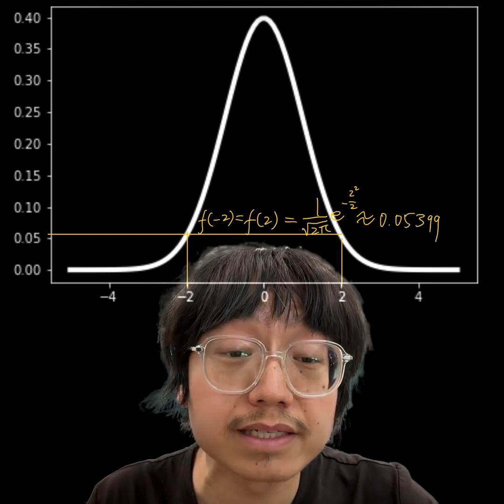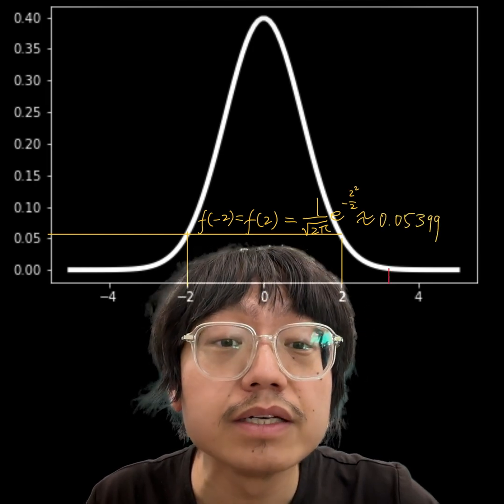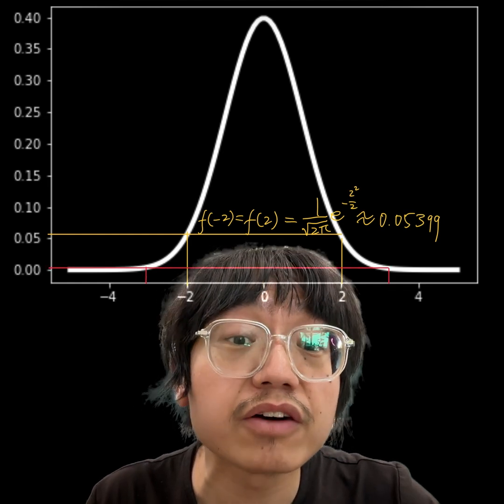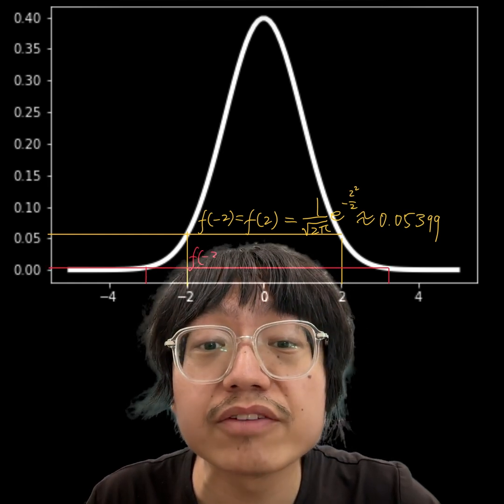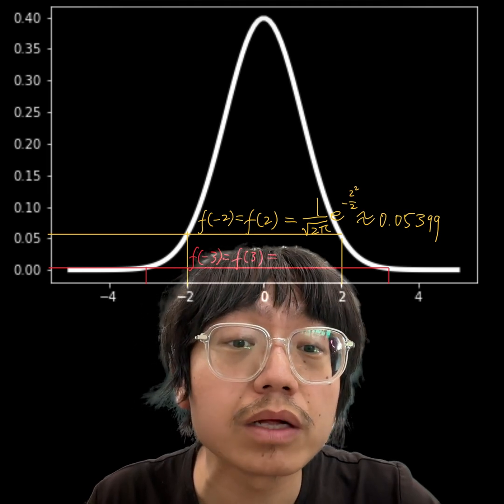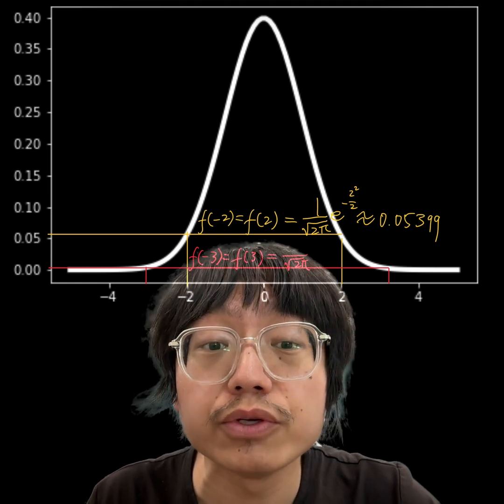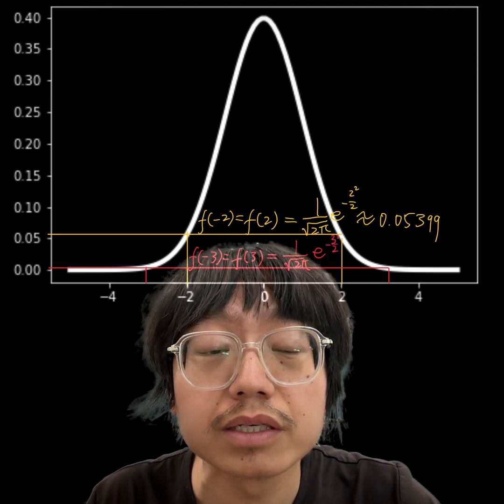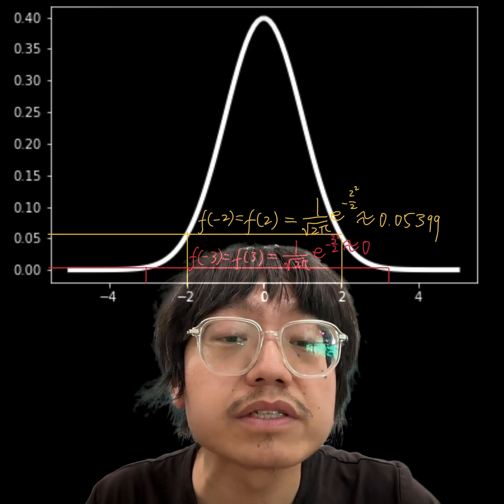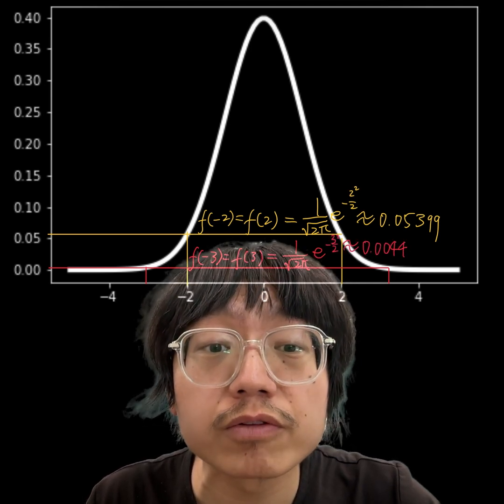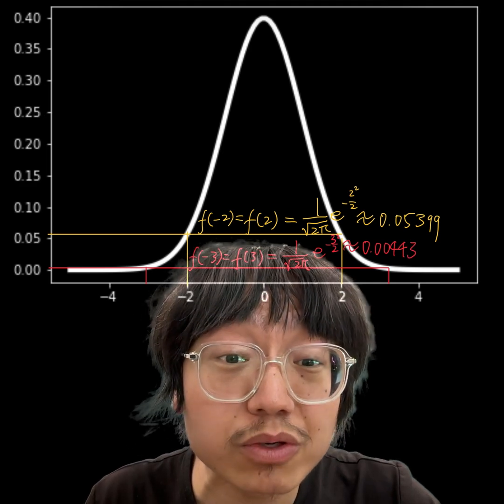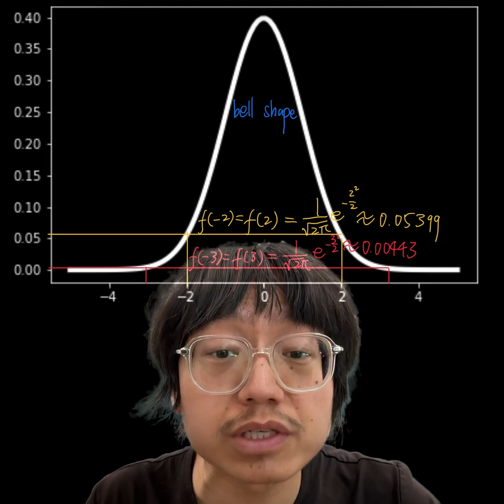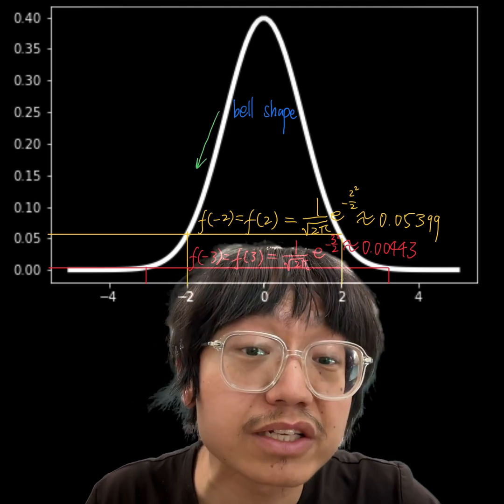And when x equals 3 or negative 3, they are 3 standard deviations from the mean. f of negative 3 equals f of 3 equals 1 over the square root of 2 pi times e to the negative half of 3 squared, which is approximately 0.00443.